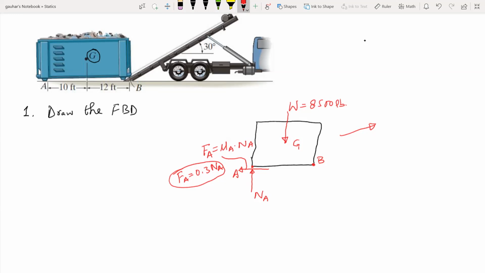Now this is your N sub B. Where is the friction force?